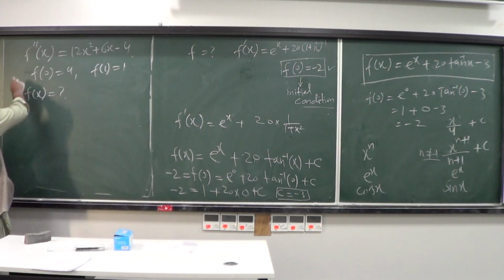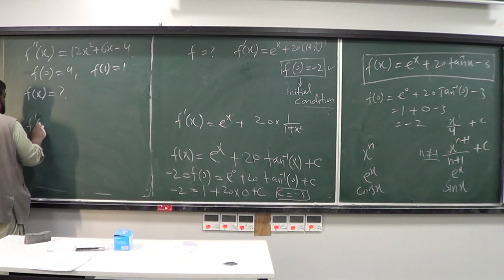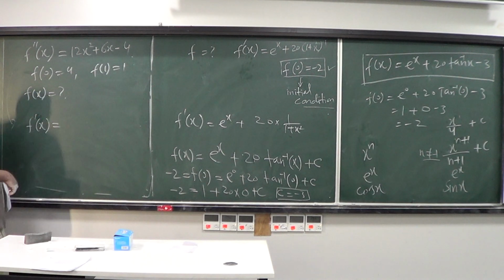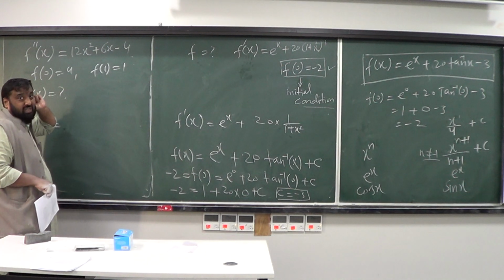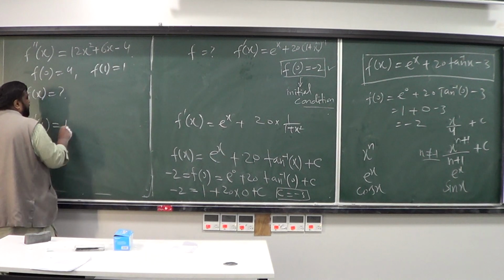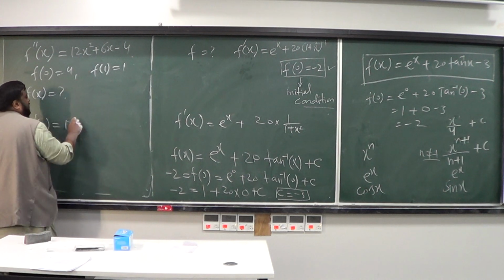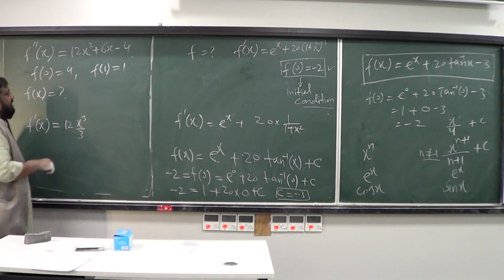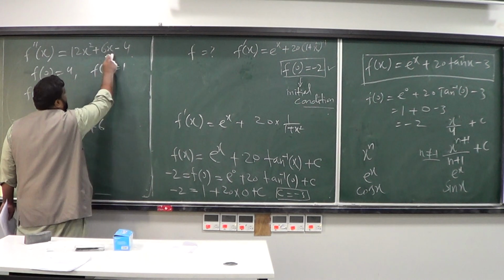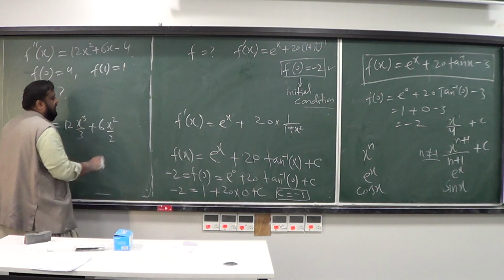How to find it? Let's compute the first order derivative out of this second order derivative. In other words, what is the function whose derivative is 12x squared? The antiderivative of x squared is x cubed upon 3, x power n plus 1 upon n plus 1, so 12 stays 12. The 6 stays the same and x becomes x squared upon 2.